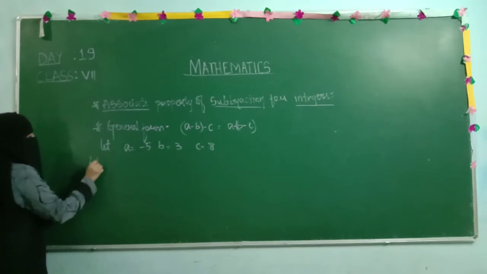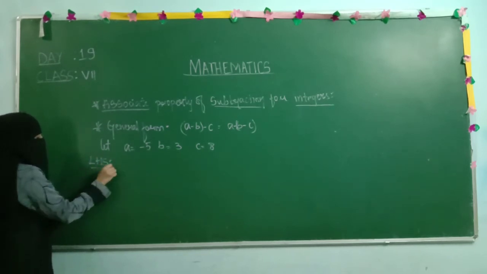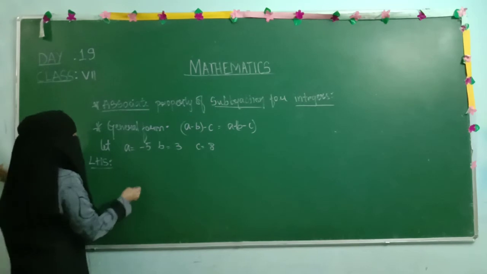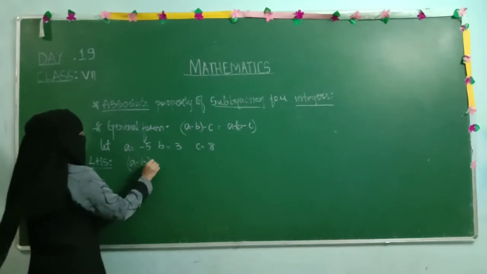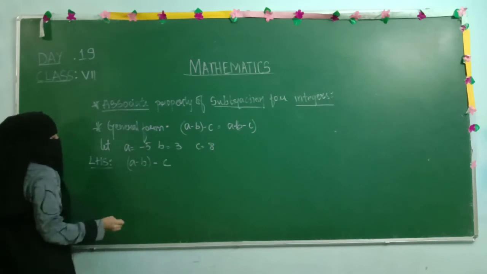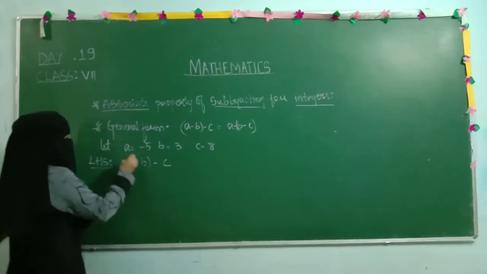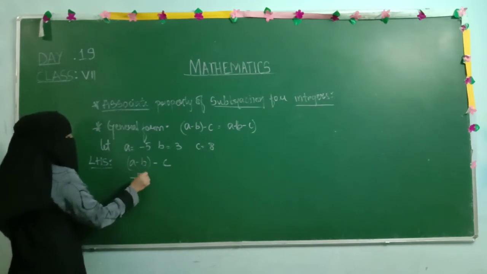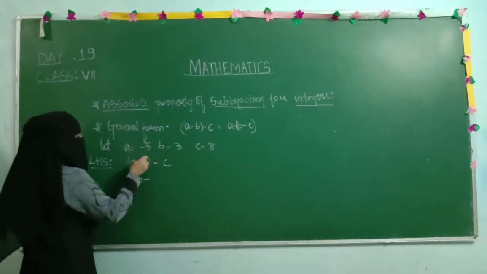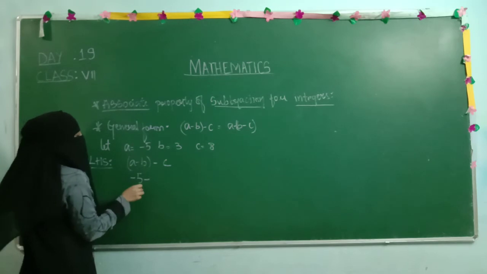After that you need to proceed to the LHS part. You need to simplify and check what result you are getting. So a minus b minus c, the condition you have written. Now you need to substitute the values. What is the value of a? It's minus 5. Then minus, we write as it is, whatever is given in the condition.